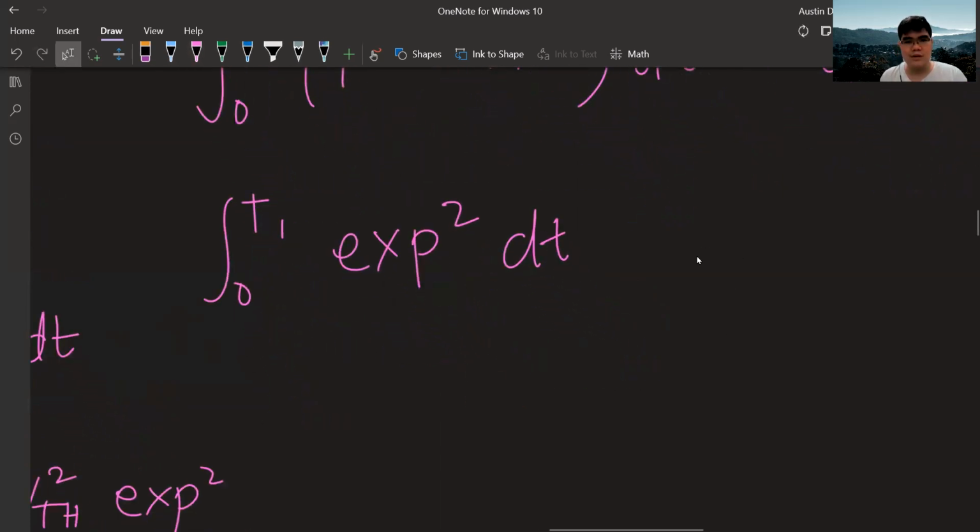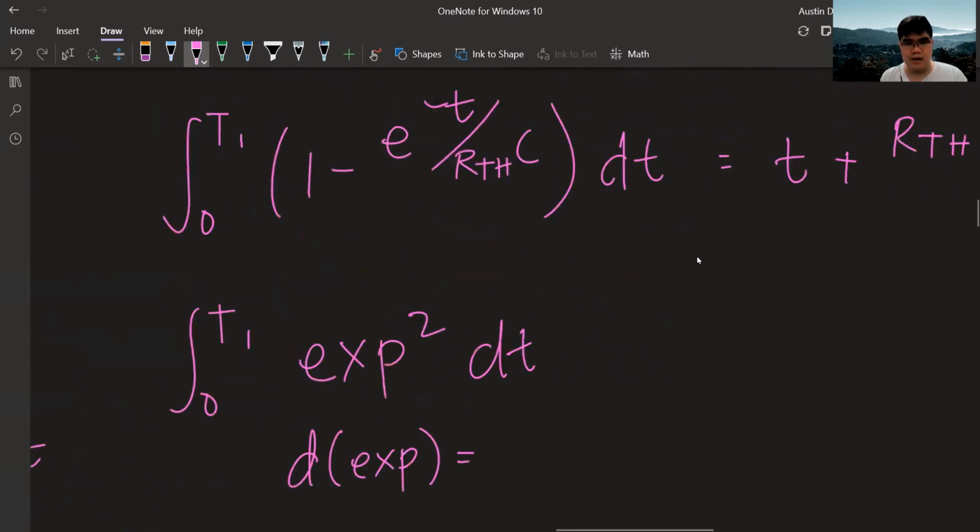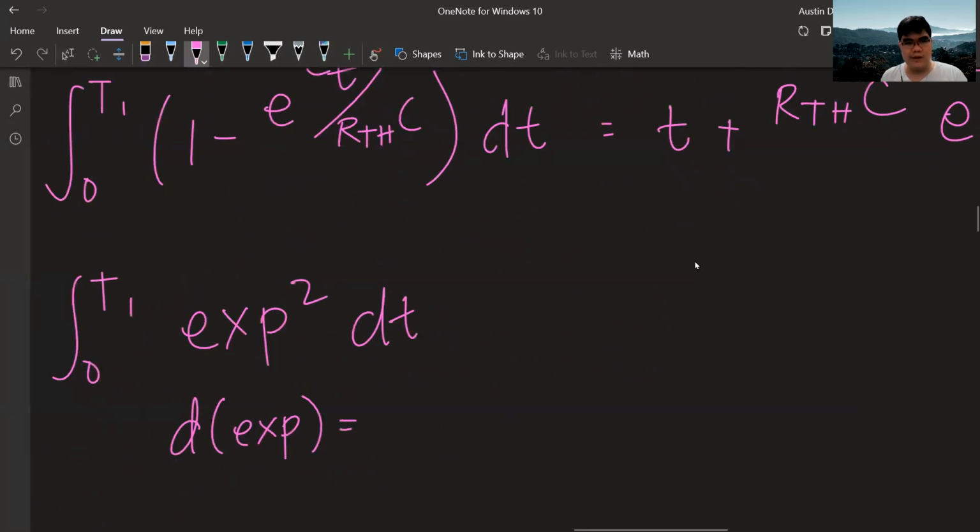So, yung d EXP is just derivative ng EXP, which would be 1 over RTH capital C e raised to negative T over RTH C dt.